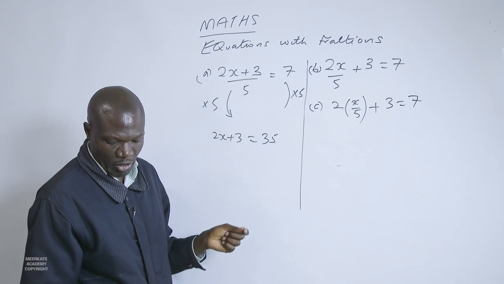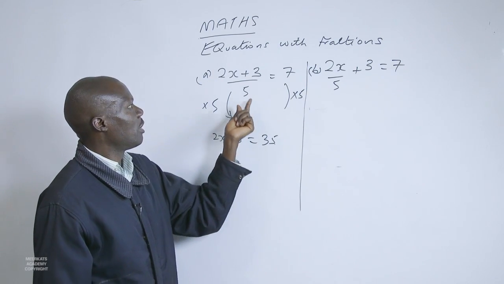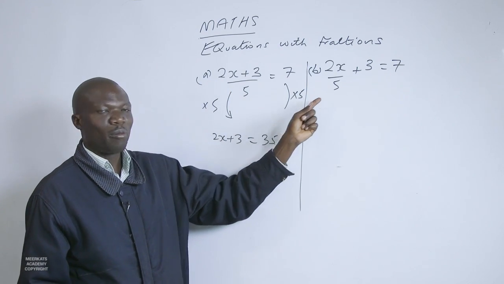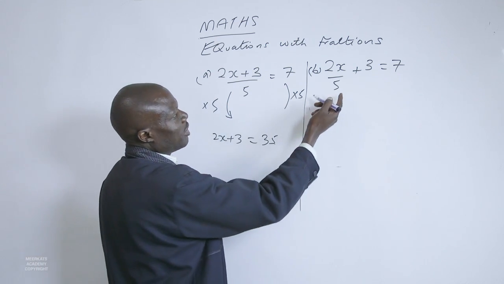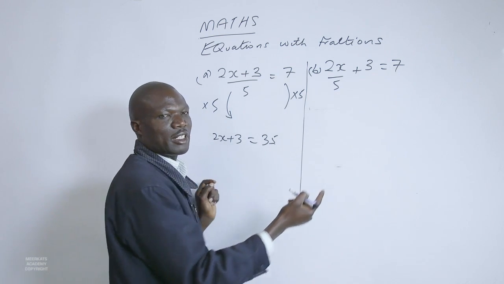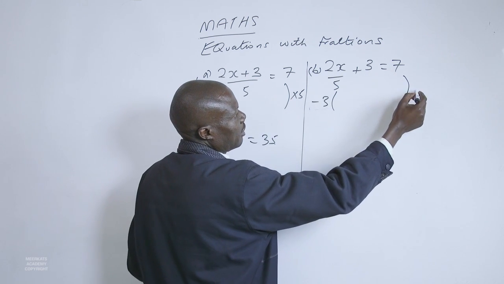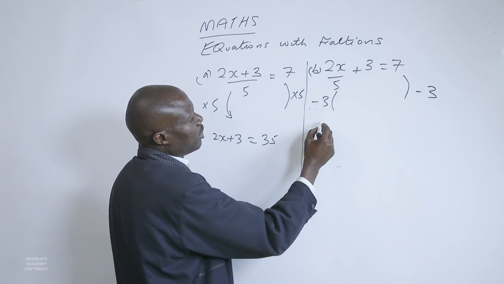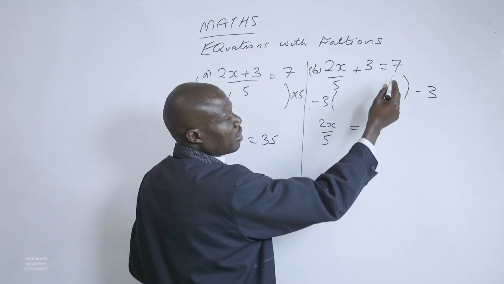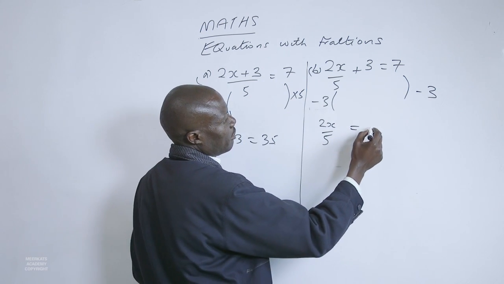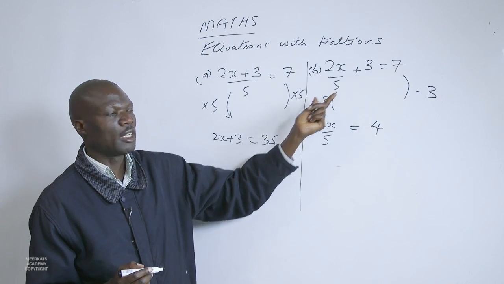From this, we first eliminate the denominator by simply multiplying by 5. But for the other one, the first step is to subtract 3 on both sides. So minus 3 and minus 3, so that you have 2x over 5 is equal to 7 minus 3, which is 4. So take note of the difference between this and that.